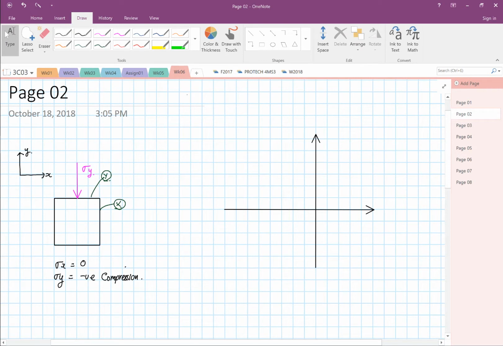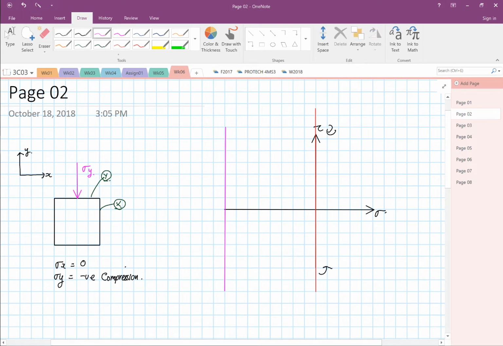So this is your normal stress, shear stress going clockwise, shear stress going anti-clockwise, and we know that stress X is going to be on the 0 line. Okay, and then stress Y is negative. So this is your stress Y line.